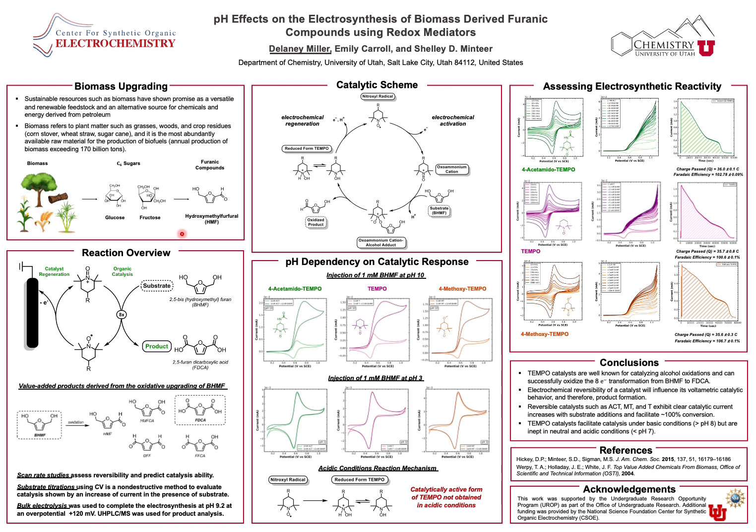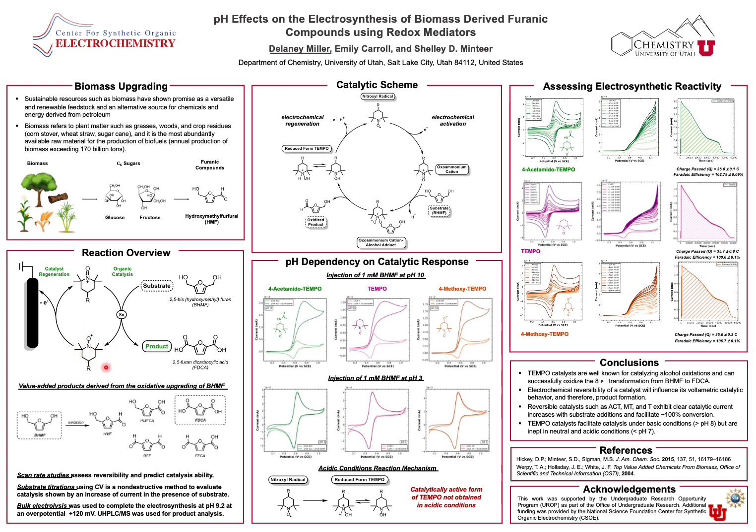HMF is not the most stable molecule for industrial purposes, so we have chosen to start with BHMF right here for this electrosynthesis. Generally for this electrosynthesis, we have our substrate here, and we can complete this electrochemical oxidation by adding in our nitroxyl radical here.